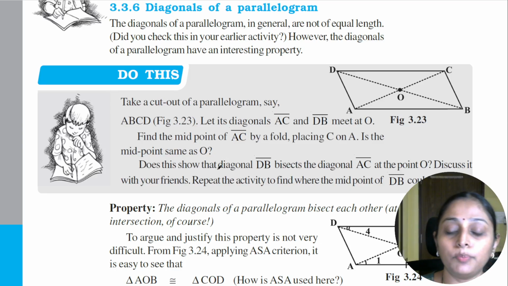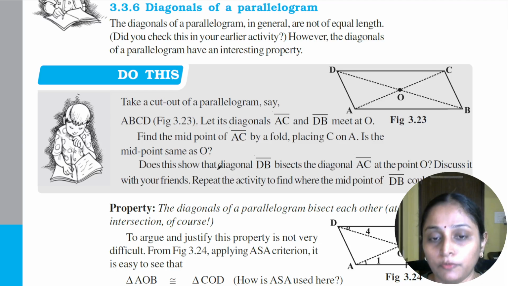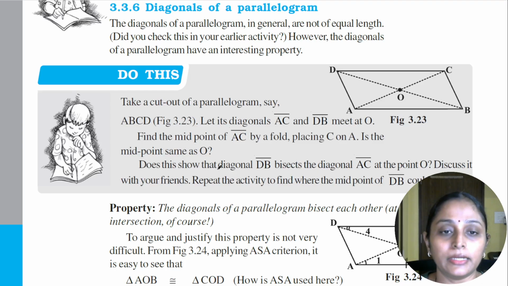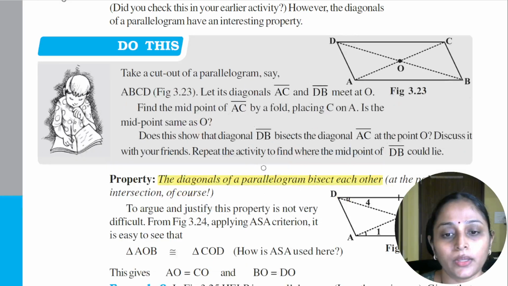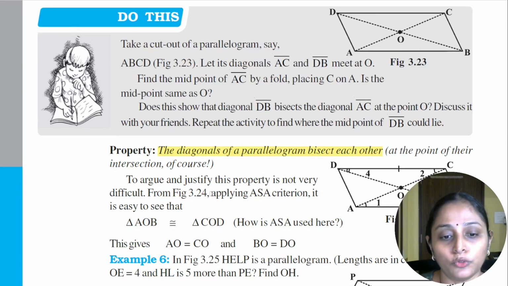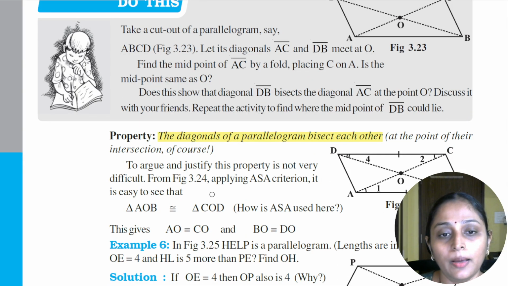You will see that the midpoint of the diagonal by paper folding is the same as the point of intersection of the diagonals. That means that AC is bisected at O, right? So what can we conclude from this? That the diagonals of a parallelogram bisect each other, okay? That is my fourth property. The diagonals of a parallelogram bisect each other.